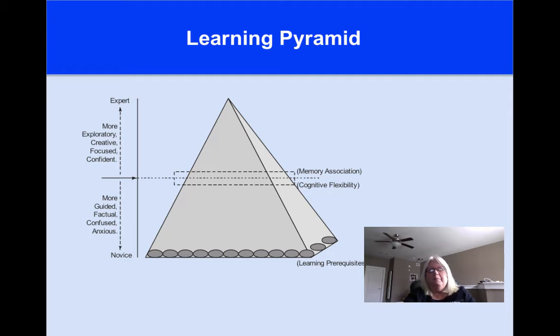And we do this by using a combined approach, and we'll talk about how we can combine lecture, discussion, case studies, behavior modeling, role-playing, games, simulations, and other things in order to move the learner from novice to expert.